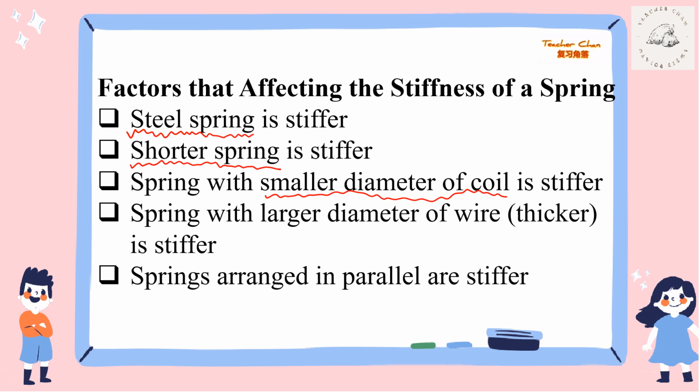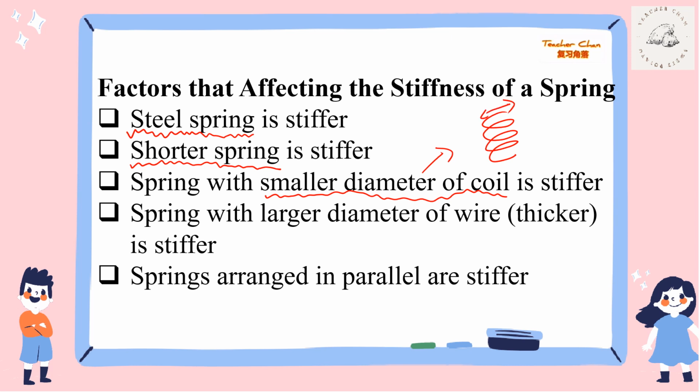Spring with larger diameter of wire is different from the diameter of the coil just now. So look at here. Sorry, just now the background is quite noisy because the lorry is passing by. So I want to tell you, the diameter of the coil is like this. This one is the coil.